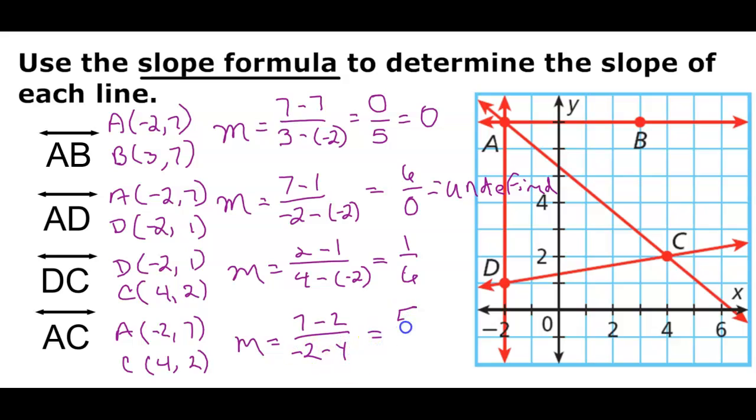And I have 5 over -6. This is a negative slope. We would say this as -5/6. And if you notice, AC goes downhill. Line AC goes downhill. That's a negative slope.